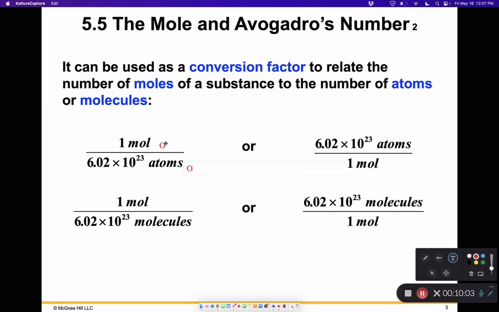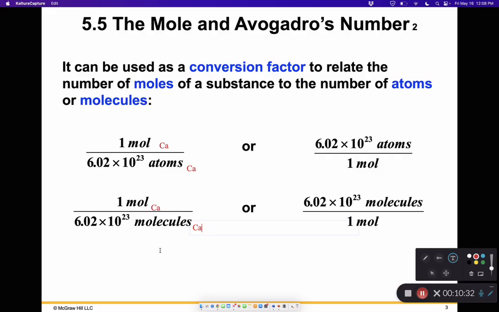If I'm talking about 1 mole of calcium element, I am talking about 6.02 times 10 to the power 23 atoms of calcium. Similarly, 1 mole of calcium molecule contains 6.02 times 10 to the power 23 molecules of calcium.